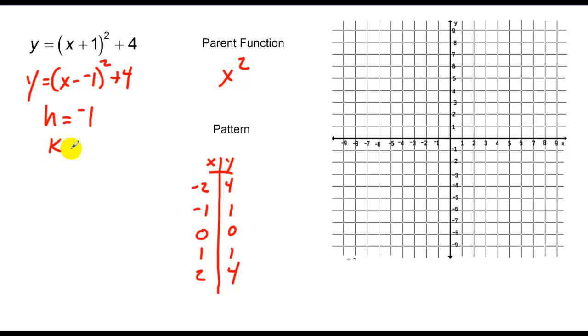My k value would have to be 4. Because I know this is a translation to the left of 1 and up 4, my 0, 0 point has been moved by this translation. I'm going to go back 1, up 4. I'm going to put a little crosshair right here telling me that this is my new origin.